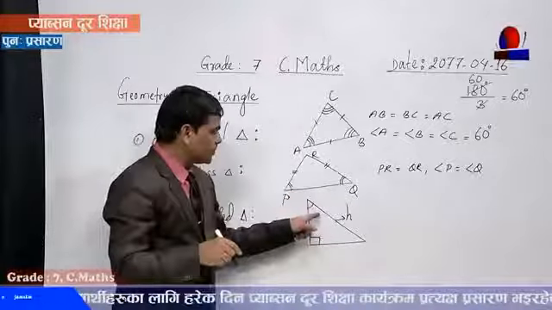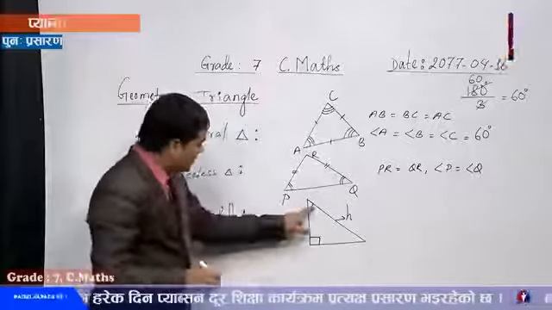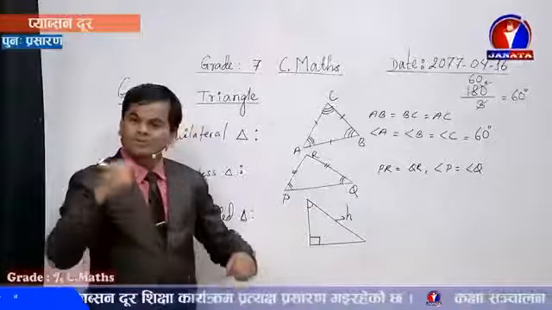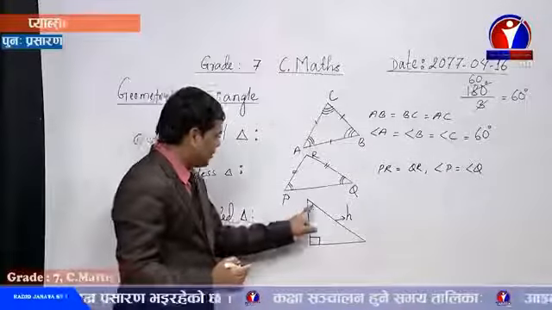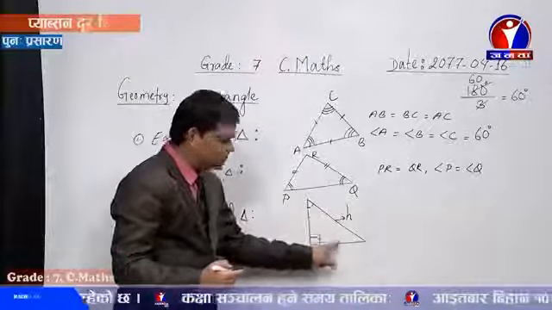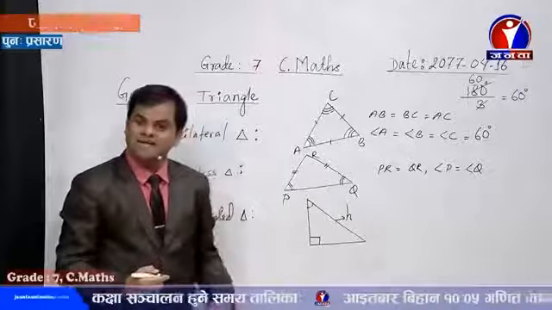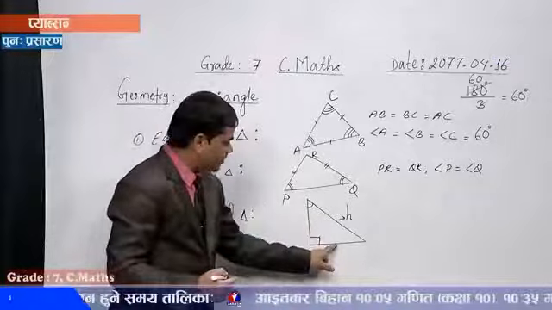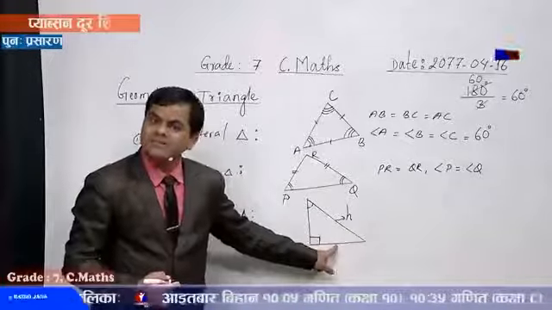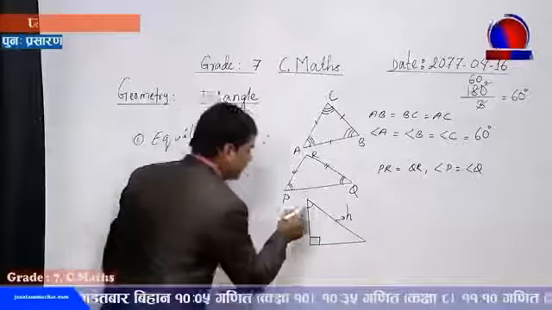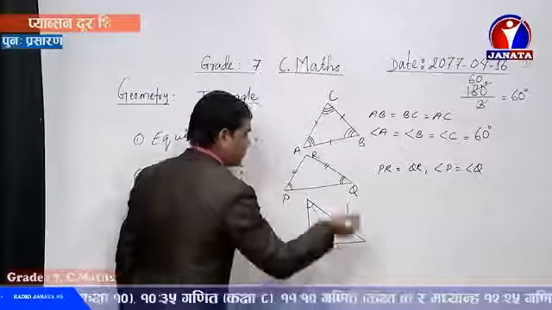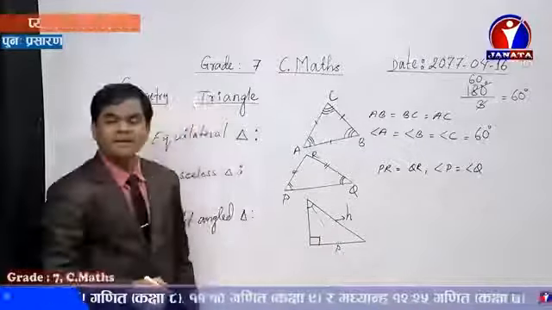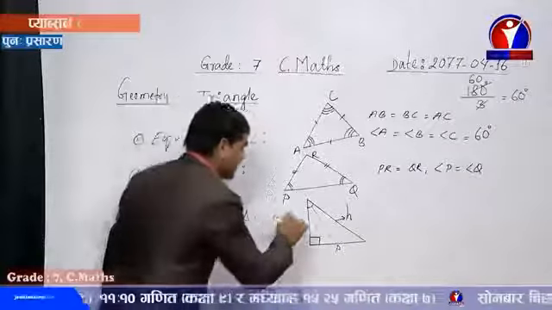So, if the reference angle is given, it means this angle is identified. Because of that, opposite to that identified angle, known as the reference angle, the side formed in a right angle triangle is known as the perpendicular. The remaining one among perpendicular, base and hypotenuse becomes the base.